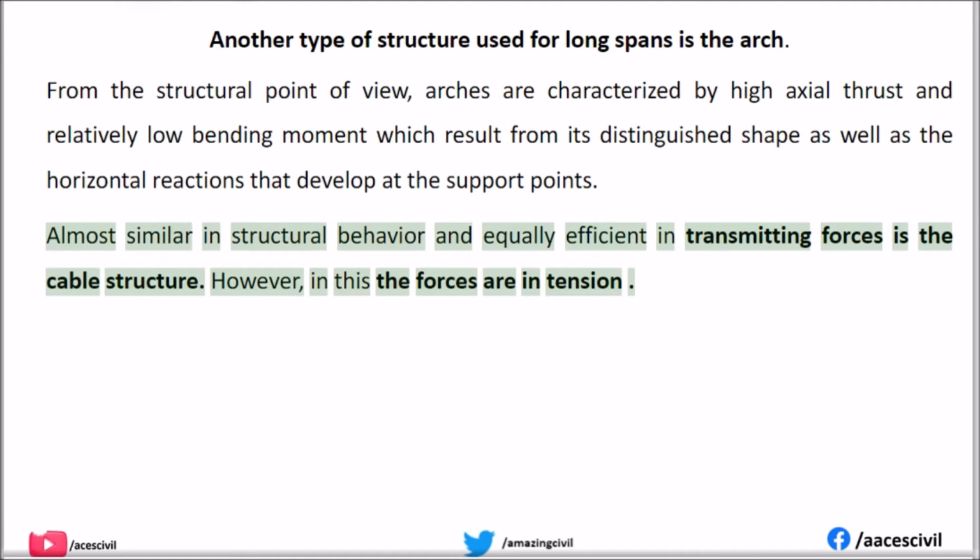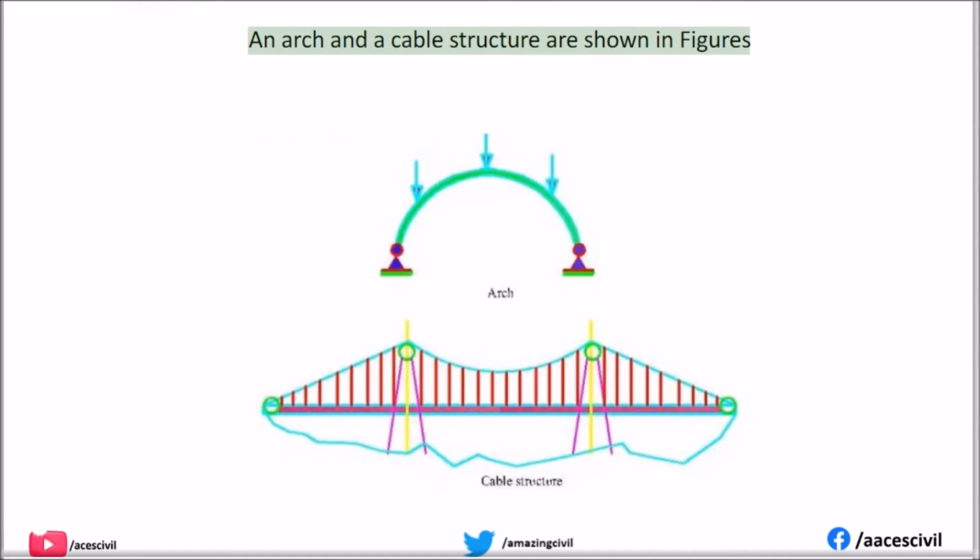Almost similar in structural behavior and equally efficient in transmitting forces is the cable structure. However, in this the forces are in tension. An arch and a cable structure are shown in figures.